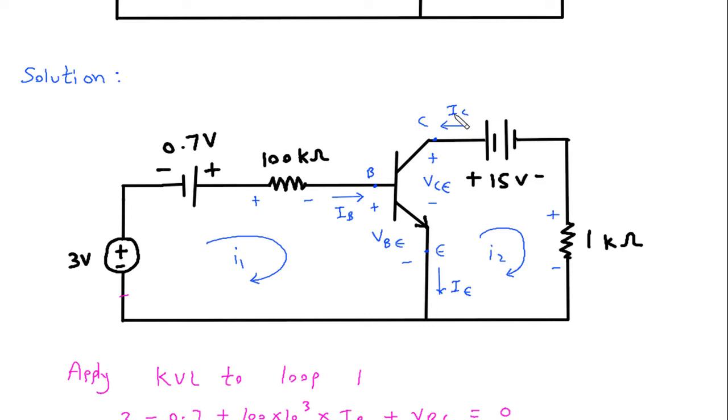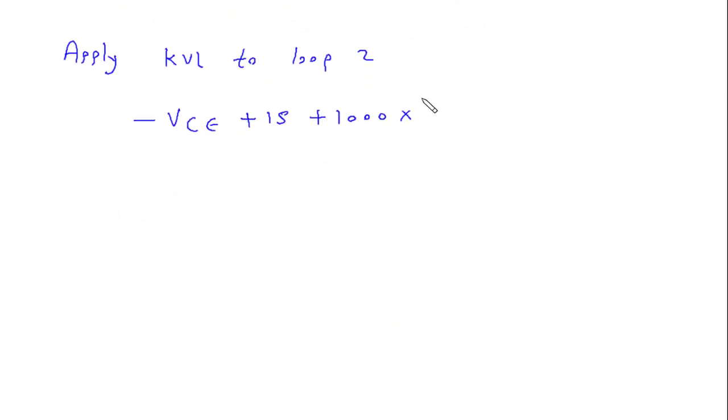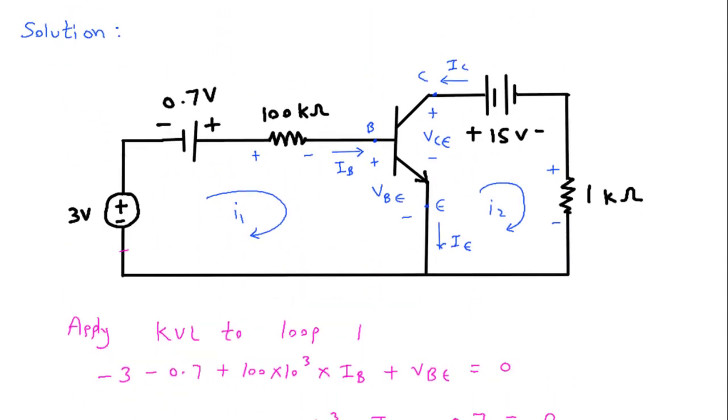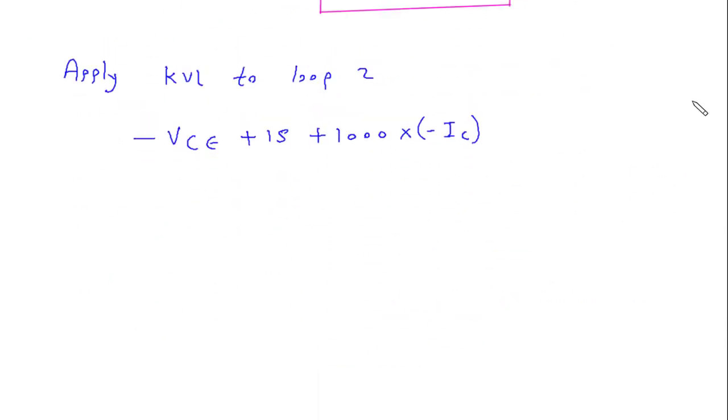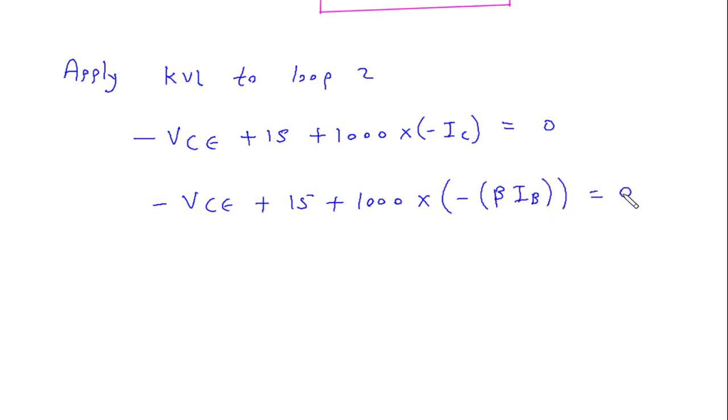IC is in the opposite direction, so this will be minus IC is equal to 0. Now this will be minus VCE plus 15 plus 1000 into, now this IC is equal to beta into IB, is equal to 0.